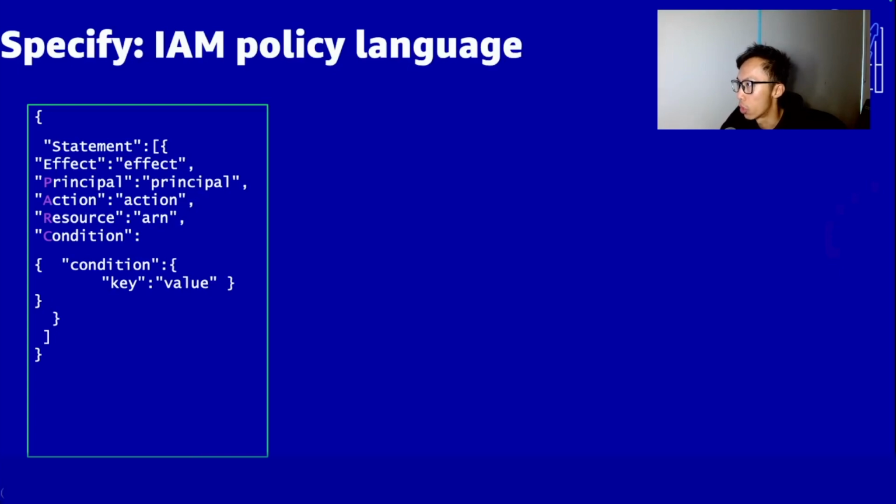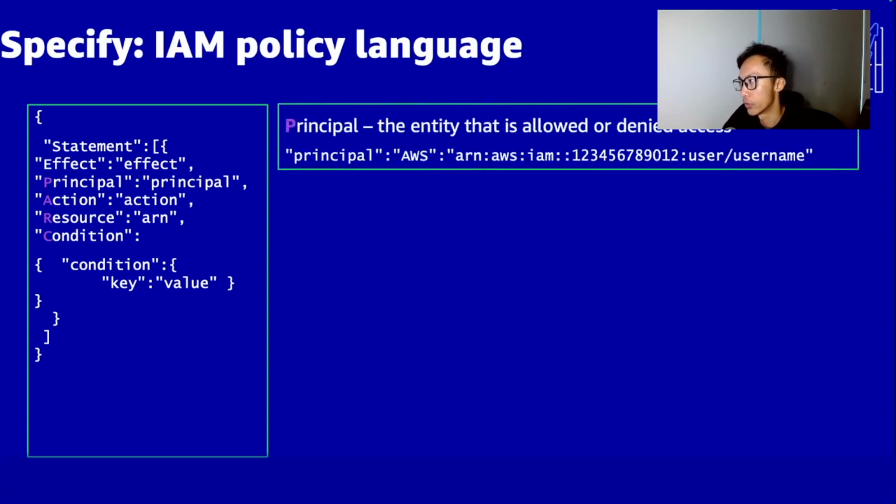The basic structure of the IAM policy language is as what we show here, which is what we call PARC, P-A-R-C. The P stands for the principal, and essentially the principal is the users who need to access your AWS environment, or the programmatic applications or machines that need to act on your behalf. As you can see here, the example is an IAM user, and you need to specify the AWS account ID associated with it.